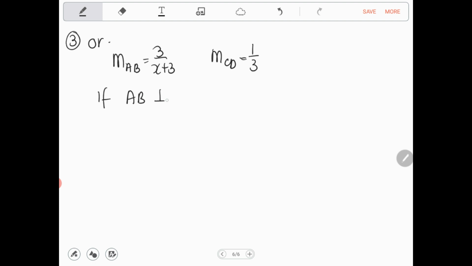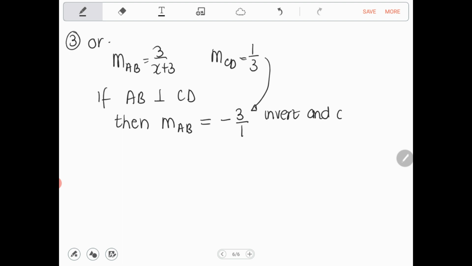If AB is perpendicular to CD, then the gradient of AB must be equal to -3 over 1. Because if you invert it and change the sign, that's going to give you the gradient of AB. So I could do it that way as well.